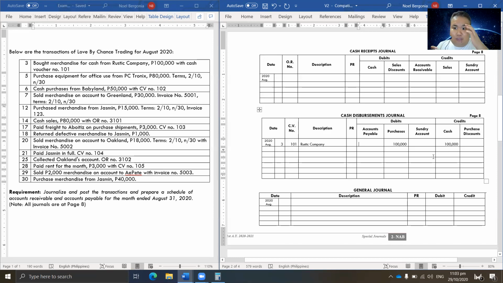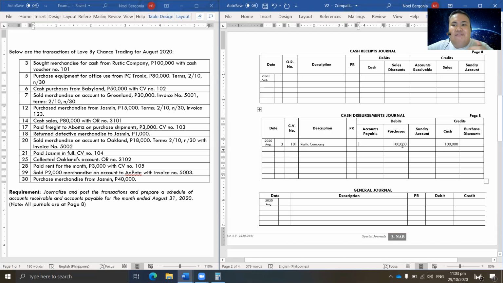That's one of the purposes of our special journal: the transfer to the general ledger, and also we don't want to clutter the general ledger with amounts one by one. So after we finish all the transactions, only the totals will be posted to the general ledger. Remember that. Again, if you have used the columns except for sundry, they will be posted to our general ledger at the end of the reporting period.